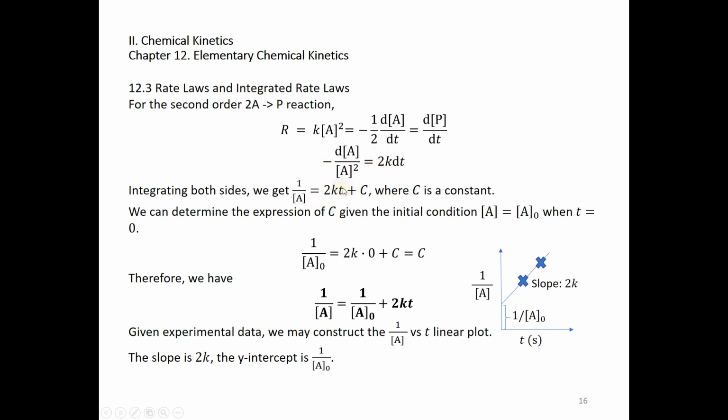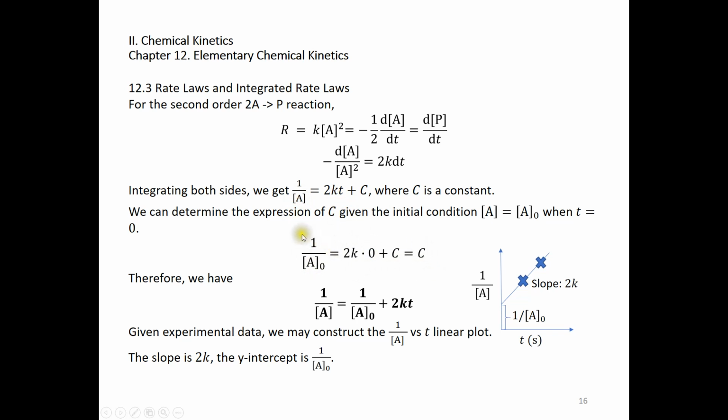But both are indefinite integrals, so we're going to just write plus c, where c is a constant. We can determine the value of c given the initial concentration of A at time 0. You just plug in A being A naught here, t being 0 here, and then we can solve for c. Alright, so what is c?